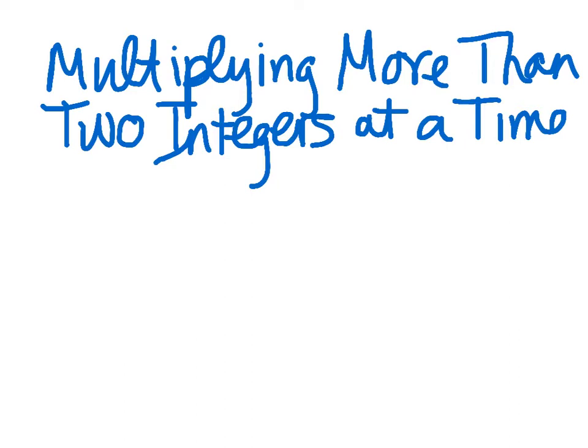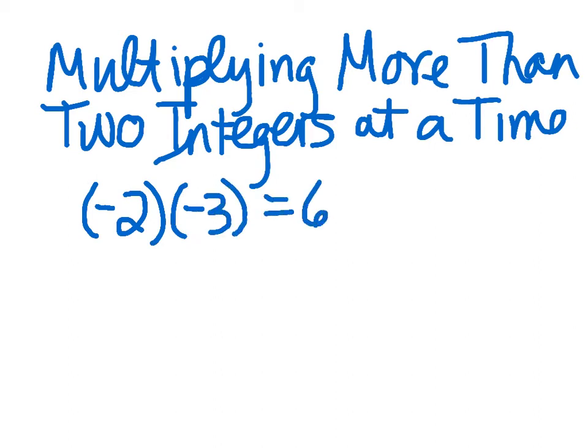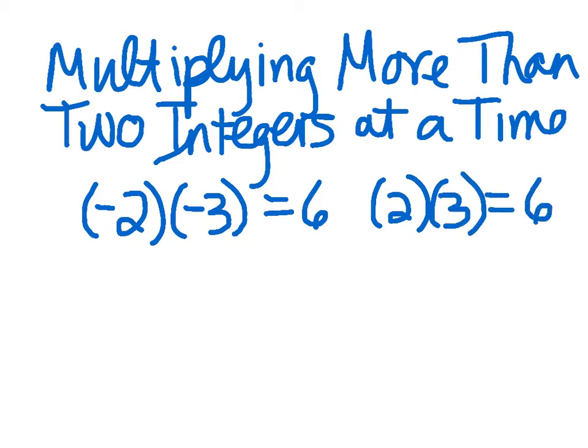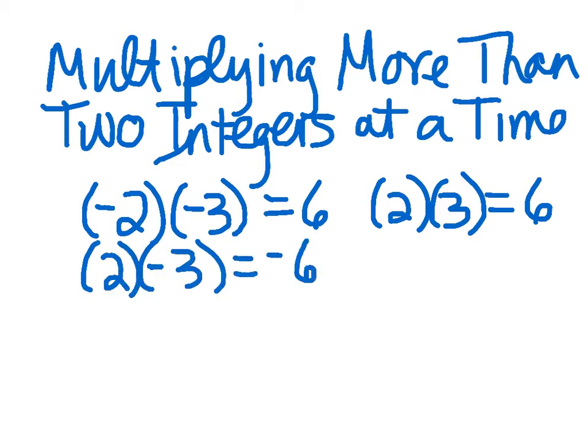After we experimented with the checkers last week, we saw that if we multiply a negative times a negative, it equals a positive. A positive times a positive is equal to a positive. And a positive times a negative is equal to a negative.